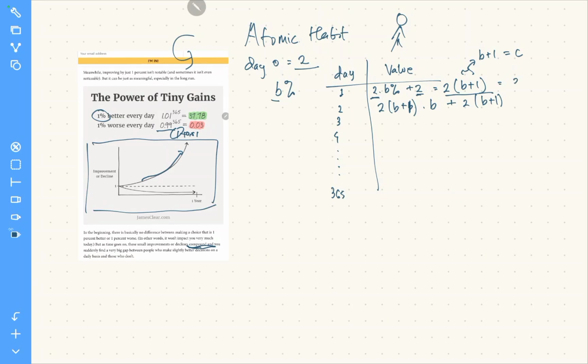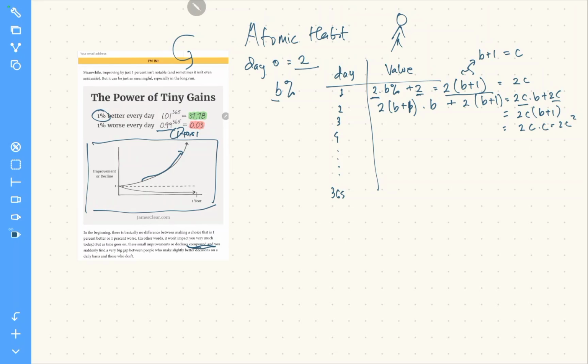So this is 2c times B plus 2c, right? You can take the 2c out: 2c times (B plus 1). And you see, it's c times c, 2c, which means 2c squared, right?